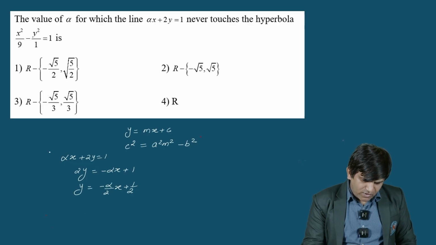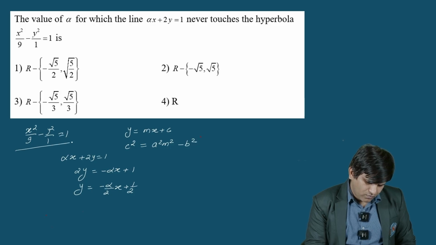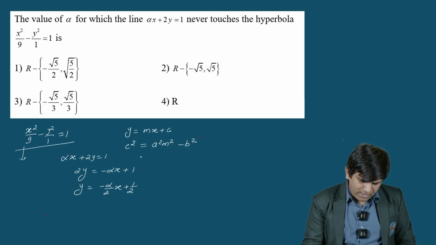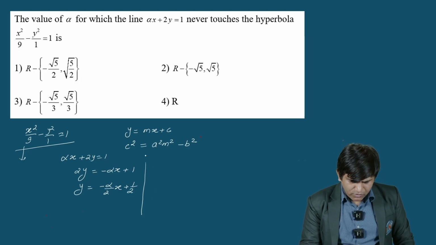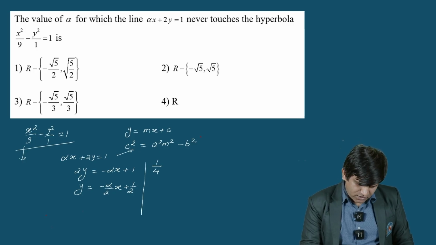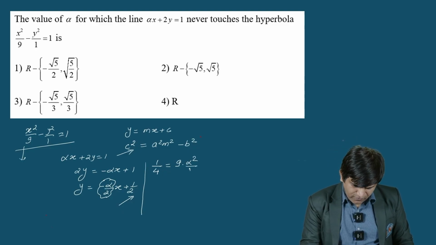And the equation of the hyperbola we have is x square by 9 minus y square by 1 equal to 1. So from here, c is 1 by 2, so c square is 1 by 4. If we plug in all the values, c square is 1 by 4, a square is 9, and m is the slope, minus of alpha by 2, but we need the square, so that is alpha square by 4.